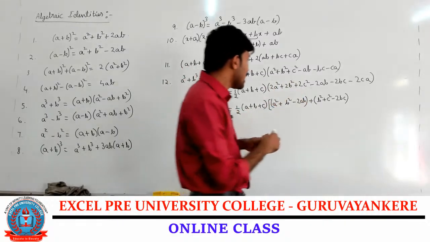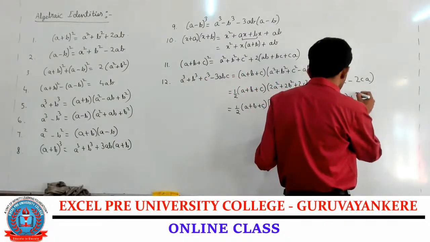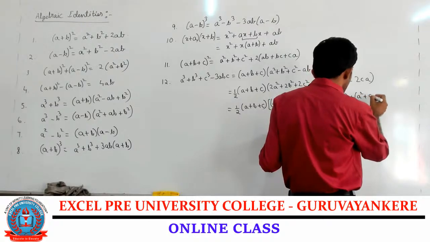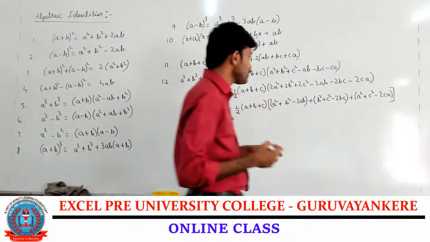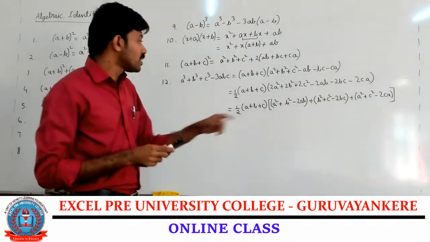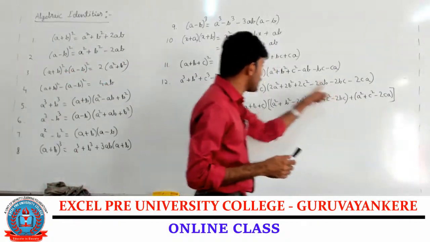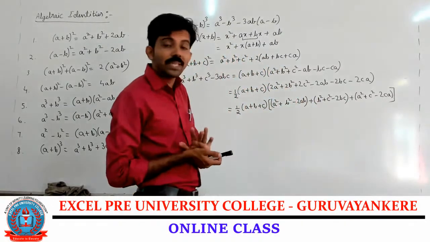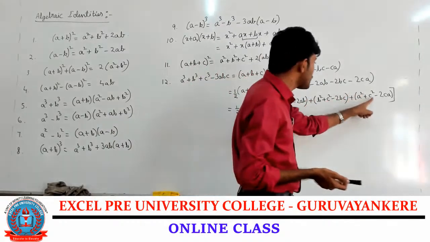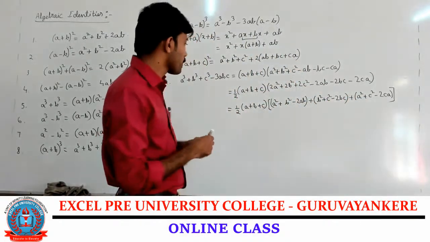That we should write, that is a square plus c square minus 2ca. Right? So that a square plus a square is 2a square, b square plus b square is 2b square, c square plus c square is 2c square.